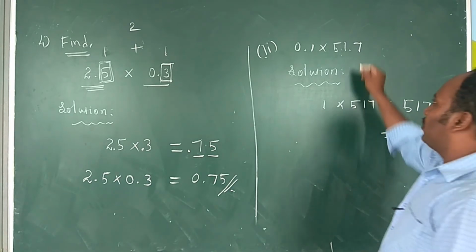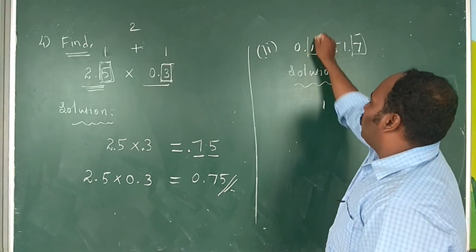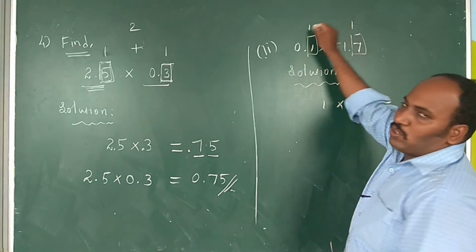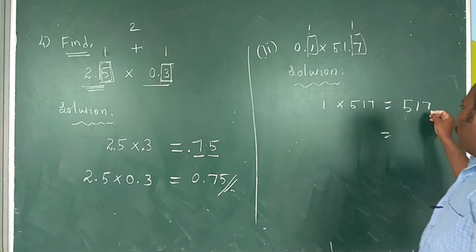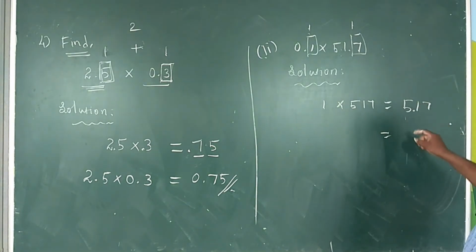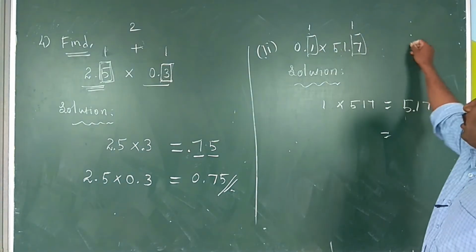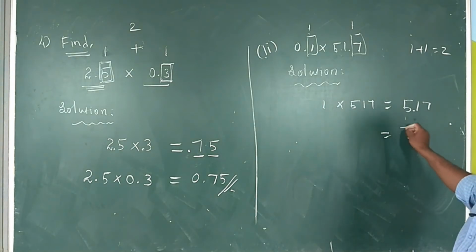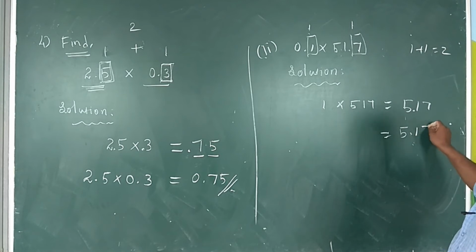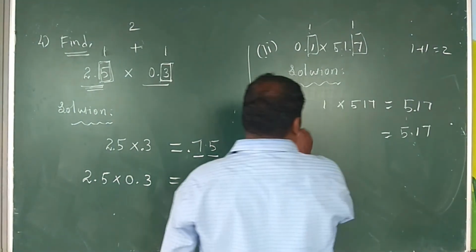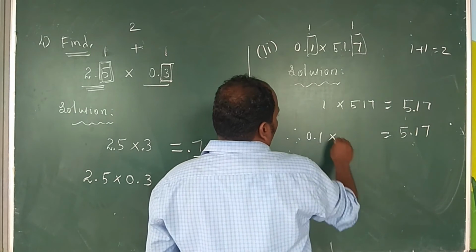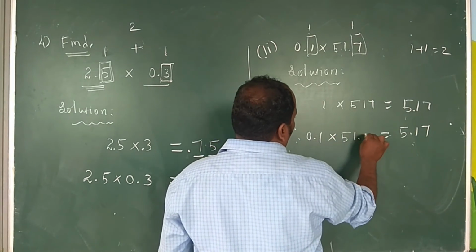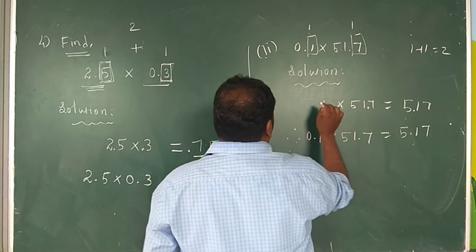Count the decimal places: 1, here also 1. 1 plus 1 is 2 decimal places, so we place the decimal point before 2 digits. So our answer is 5.17. Therefore, 0.1 into 51.7 is 5.17.